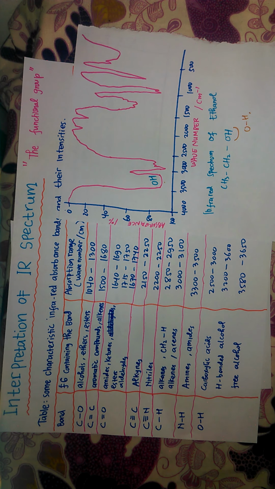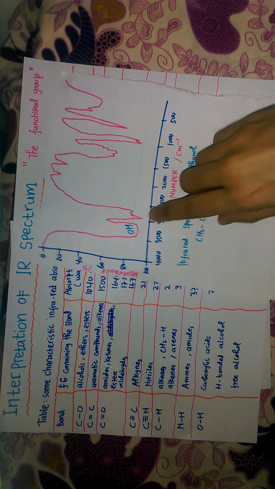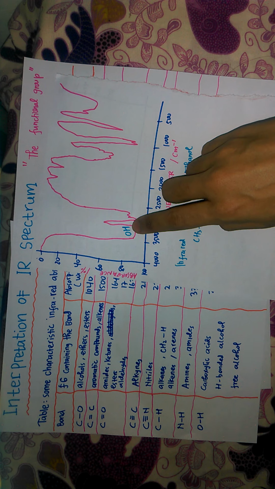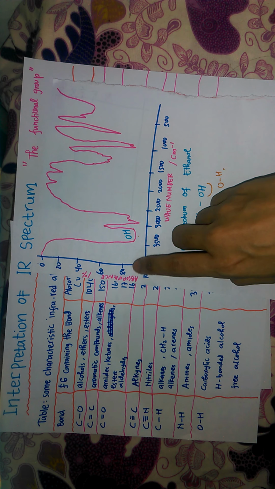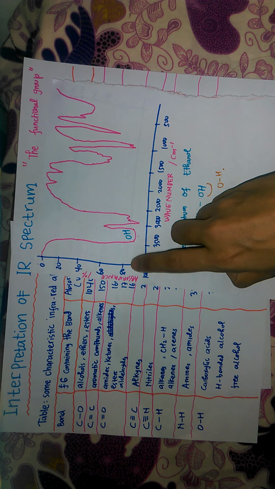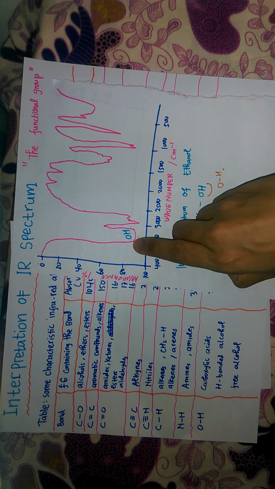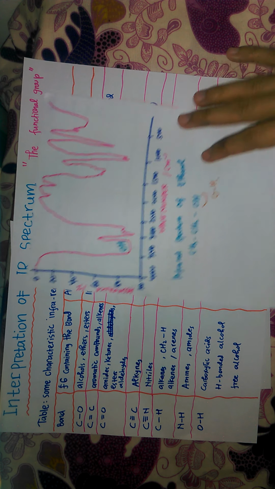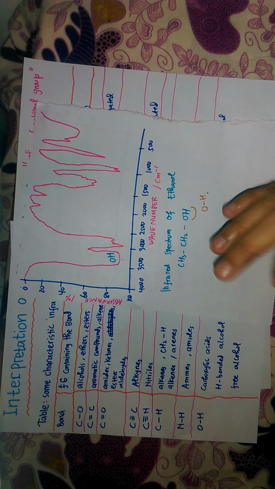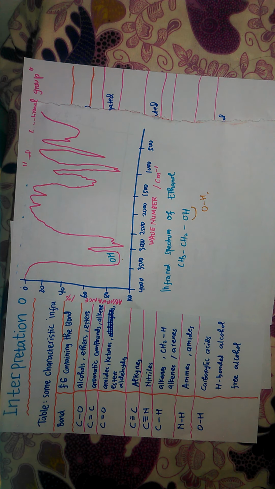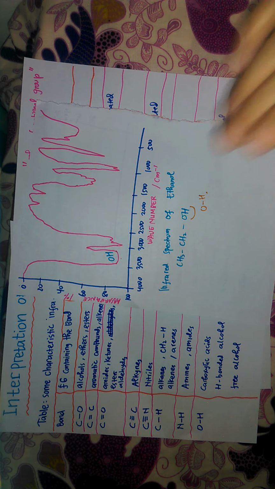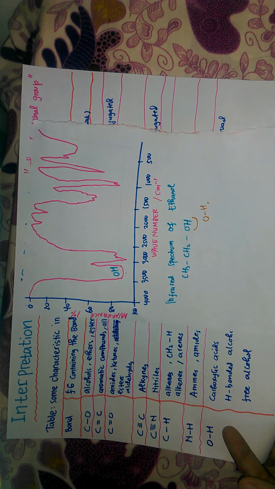It means that at this wave number, there is the functional group of OH, and the absorbance is around 90%. Okay, that is the meaning of this spectrum. If you want to match the spectrum with the structure of the molecule in the future, just check the bands and analyze the structure. That's it. I'll give you another example.